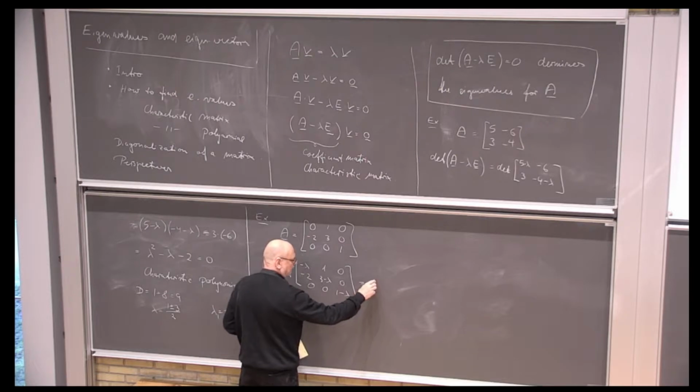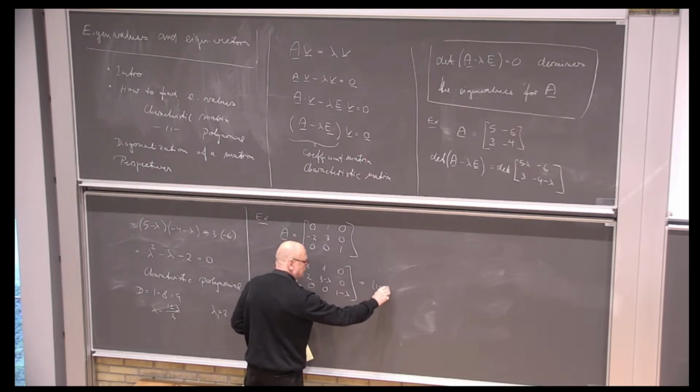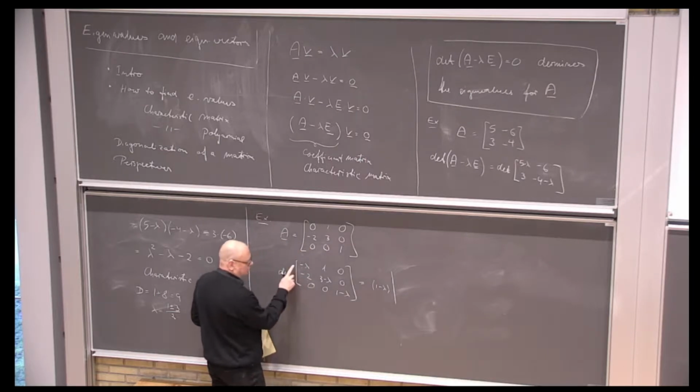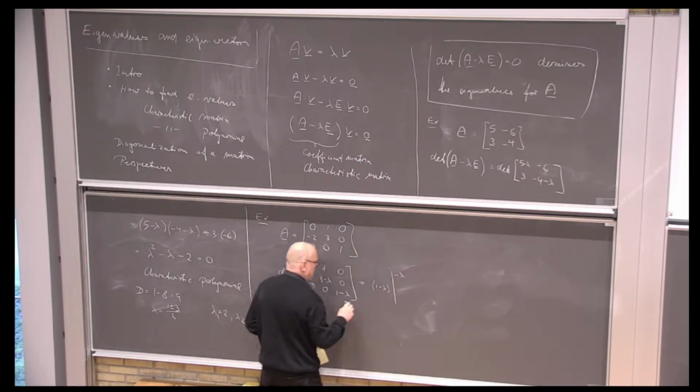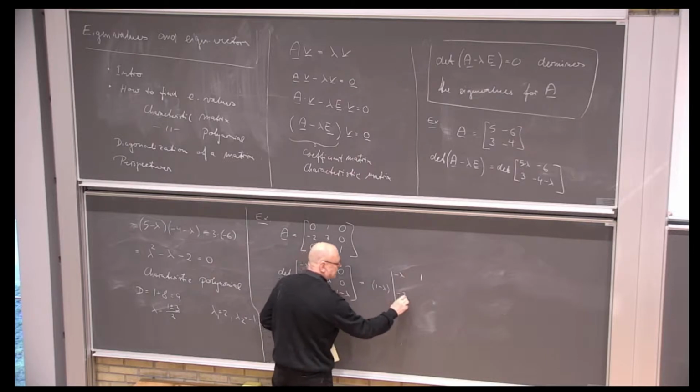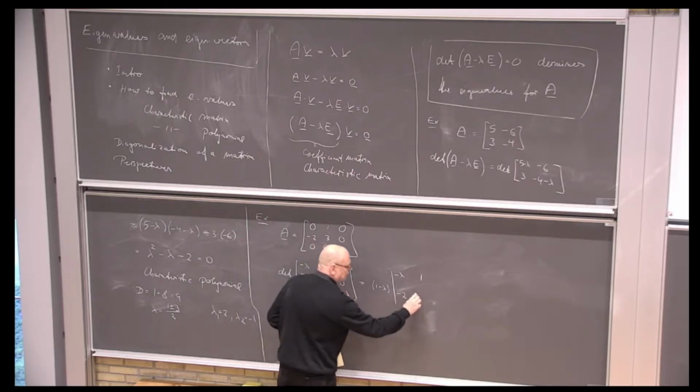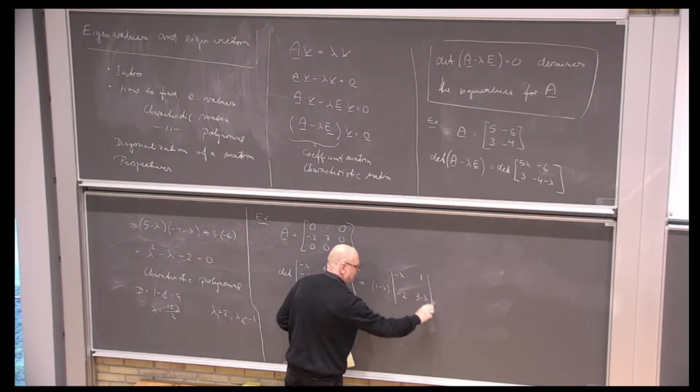So it will be 1 minus lambda, and then the determinant of this submatrix here: minus lambda, 1, -2, and then 3 minus lambda.